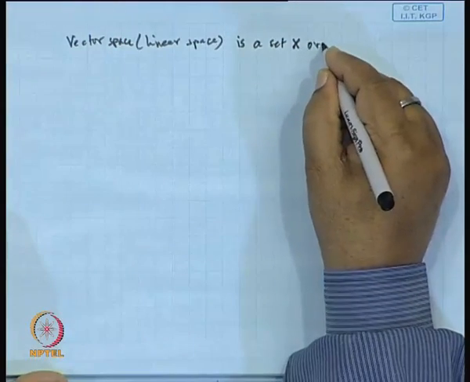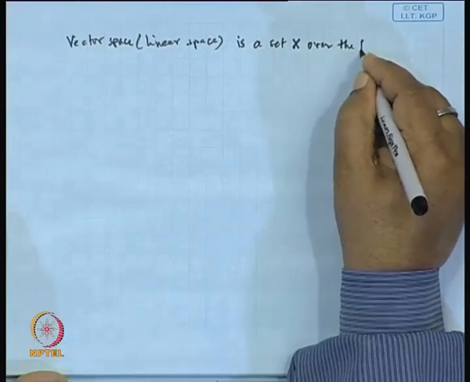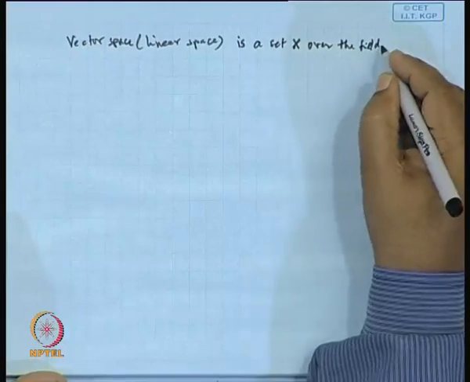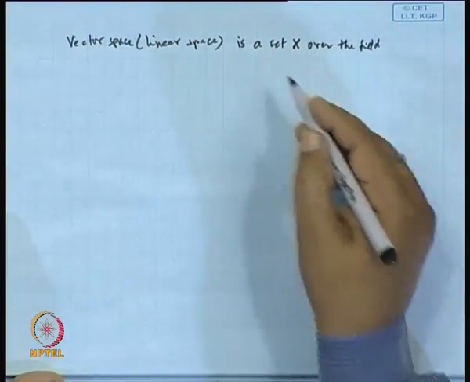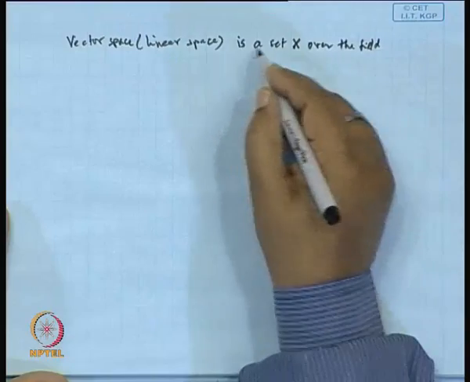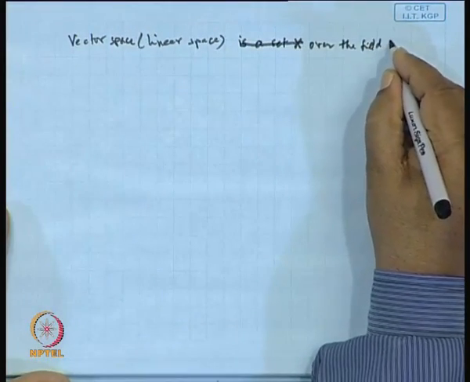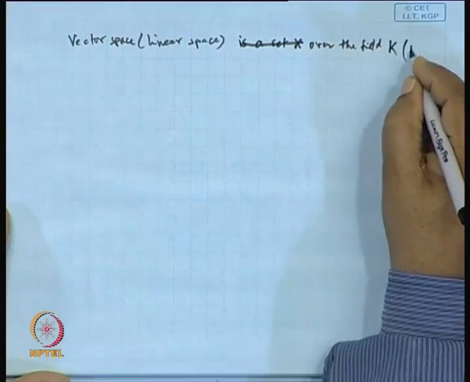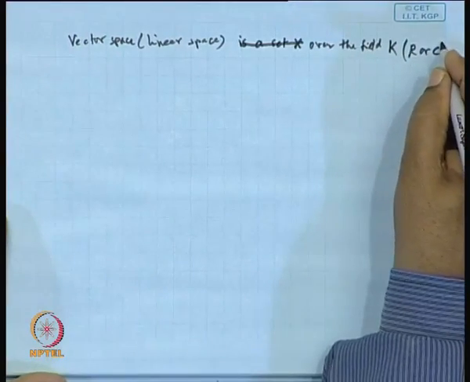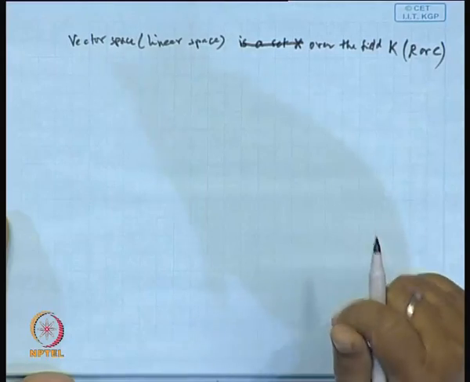A vector space over the field K. Here K we will take R or C. R means the set of real numbers and C is the complex numbers.